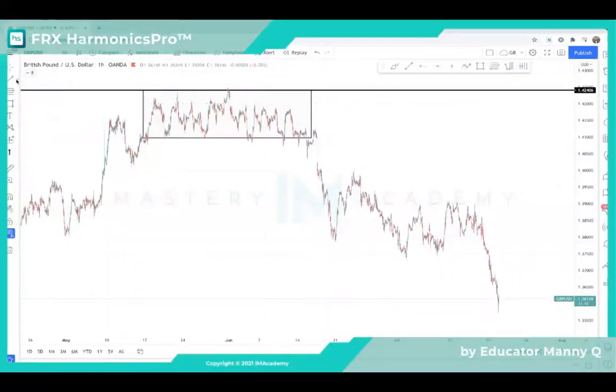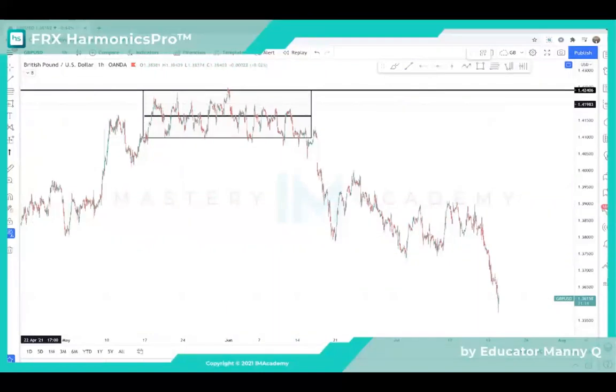What's going to happen is that the market is always going to do something known as a contraction. So a contraction, what you see over here, is when the market is taking a break or a pause in the trend. It stops trending and then it just starts to go in a sideways movement.